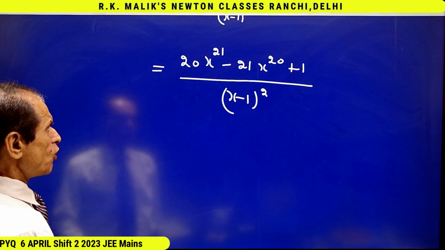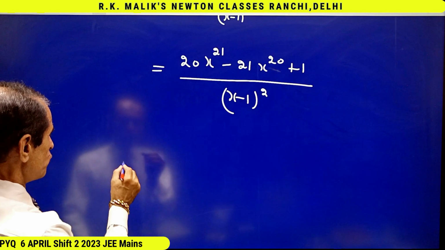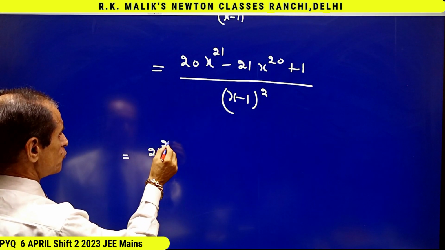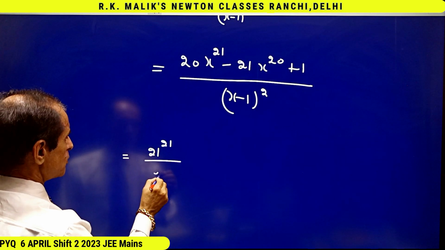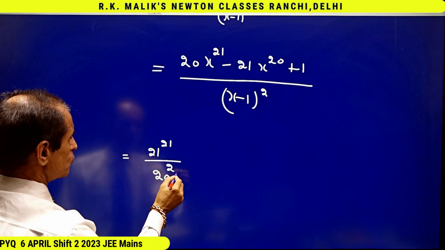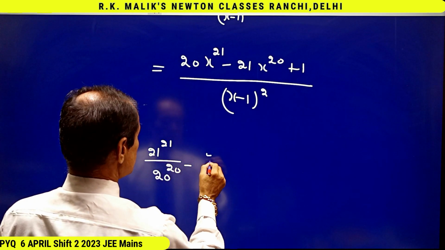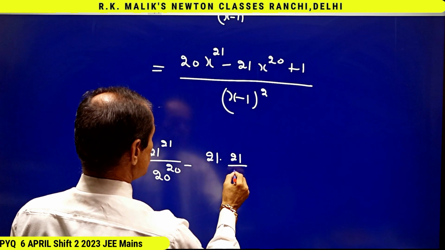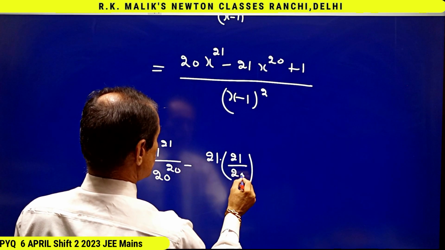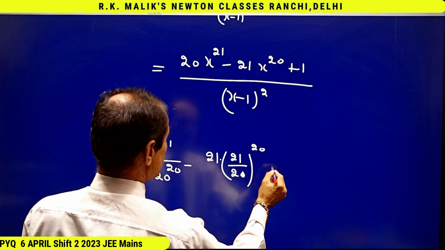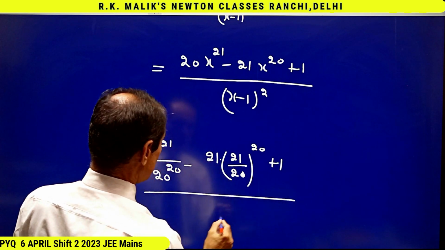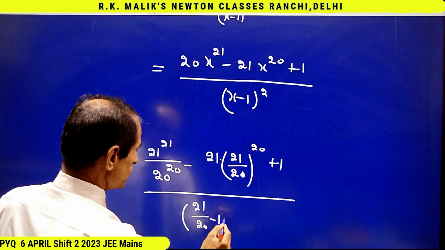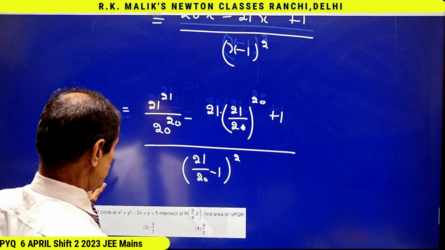And now put the value of x as 21/20. I get [21^21/20^20 − 21·(21/20)^20 + 1] / (21/20 − 1)².